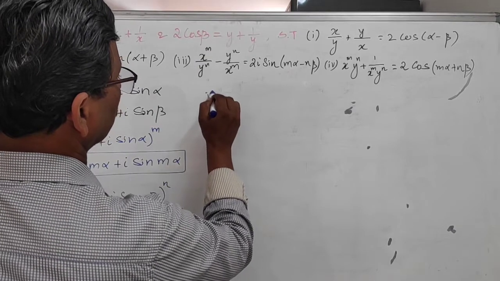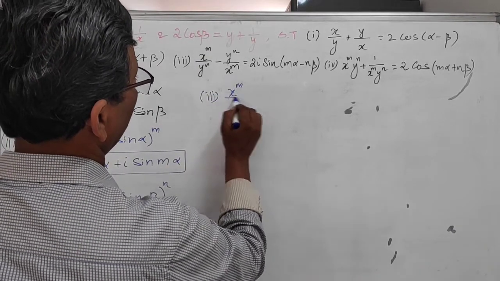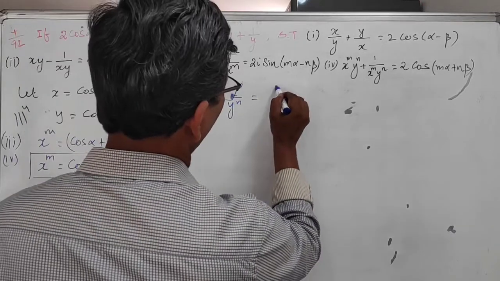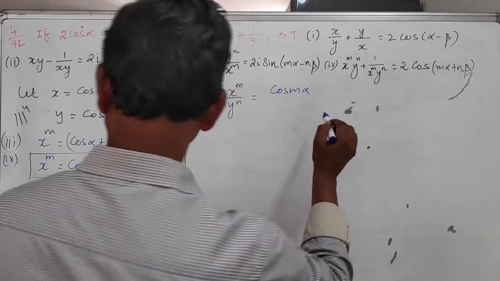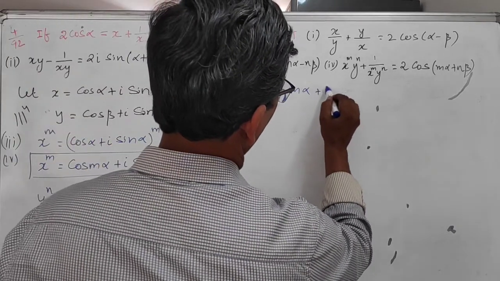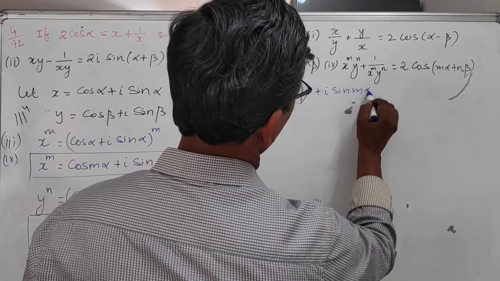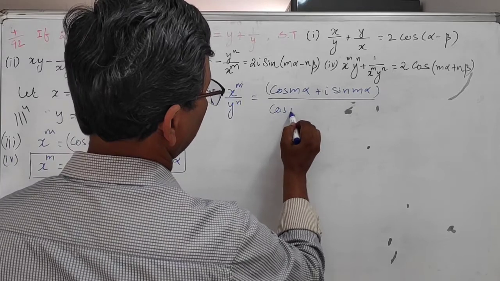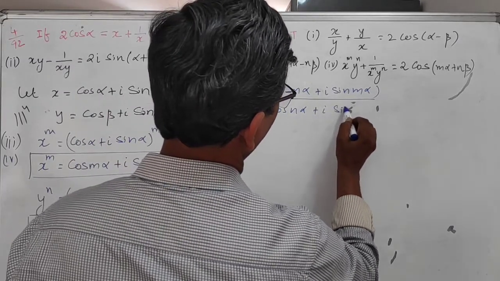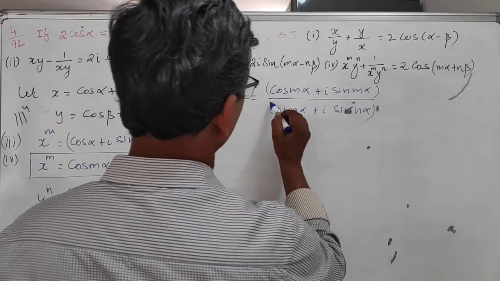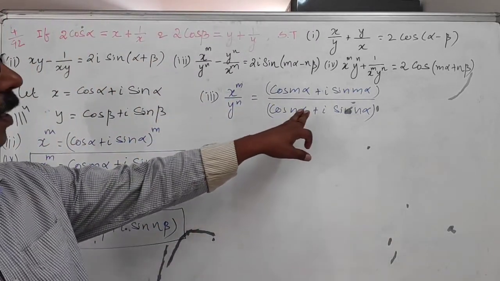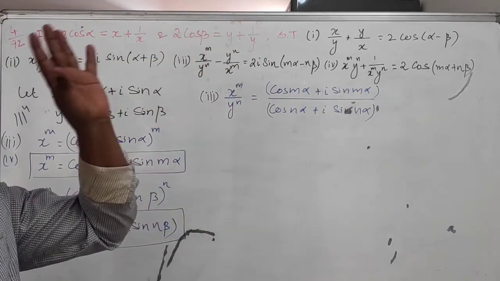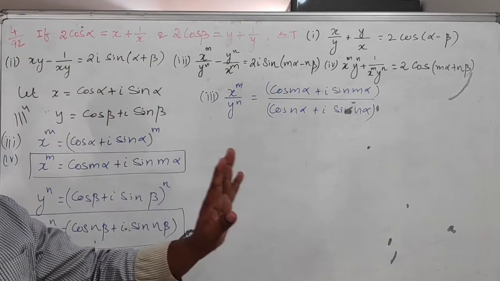Third solution. x power m by y power n is equal to x power m, which is cos m alpha plus i sin m alpha, divided by y power n, which is cos n beta plus i sin n beta. Now, while dividing, I already told you that you have to subtract their arguments if they are in this polar standard form.